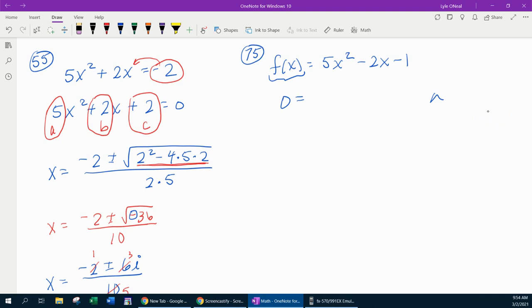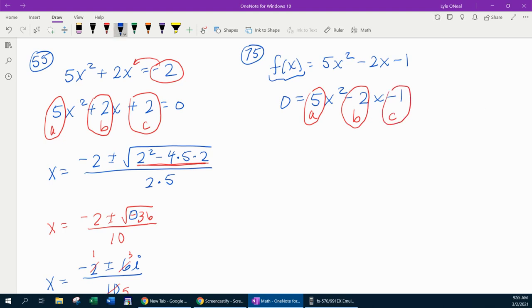I hope that little bit helped right there explain why we set that equal to 0. So we're going to have 0 equals 5x squared minus 2x minus 1. This equation is in standard form. So we can see that A is 5, B is negative 2, C is negative 1.